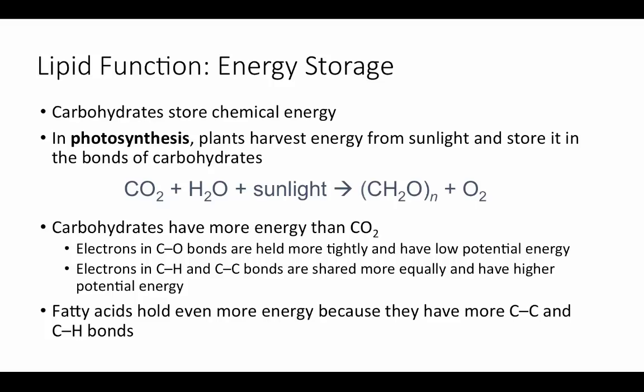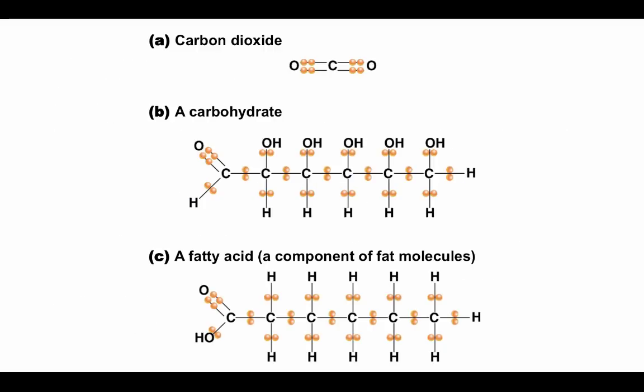So if we extrapolate this to the case with fatty acids, they have even more energy because they have even more carbon-carbon and carbon-hydrogen bonds. If we compare the structure of carbon dioxide to a carbohydrate to a fatty acid, we see no carbon-carbon or carbon-hydrogen bonds, just these highly polar carbon-oxygen bonds in carbon dioxide. In a carbohydrate, remember we've got a carbonyl group and a whole bunch of hydroxyl groups that are very polar, and a lot of carbon-carbon bonds and a lot of carbon-hydrogen bonds.